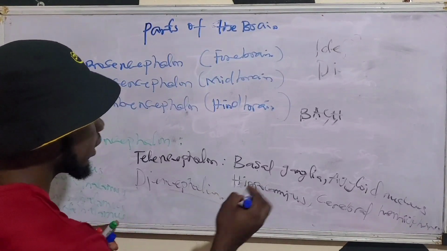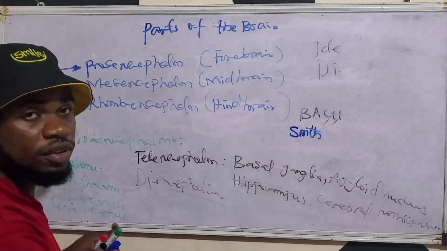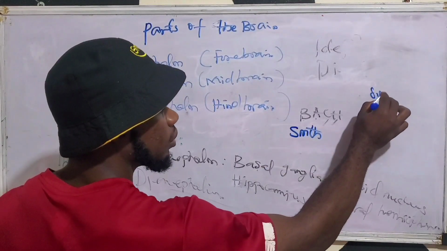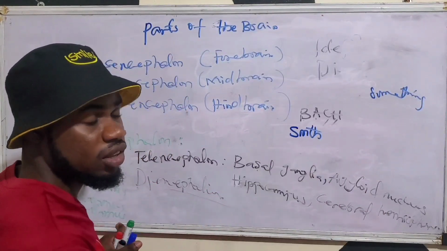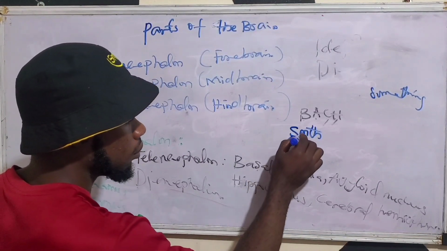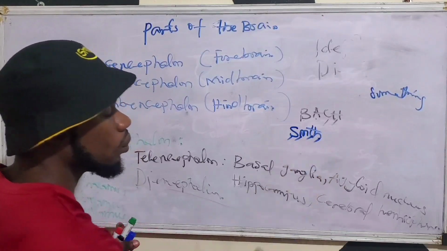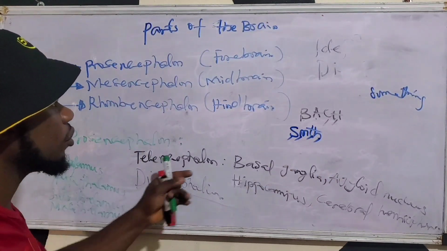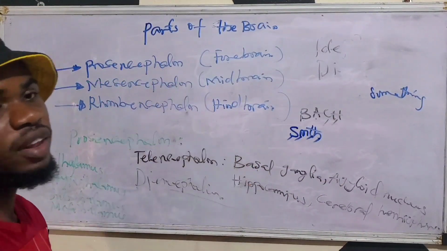Use the letters. This is actually the abbreviation for something: SMTH. This is subthalamus, metathalamus, thalamus, and hypothalamus. That's the easy way for you to remember the first part of the brain, which is the prosencephalon, otherwise known as the forebrain.